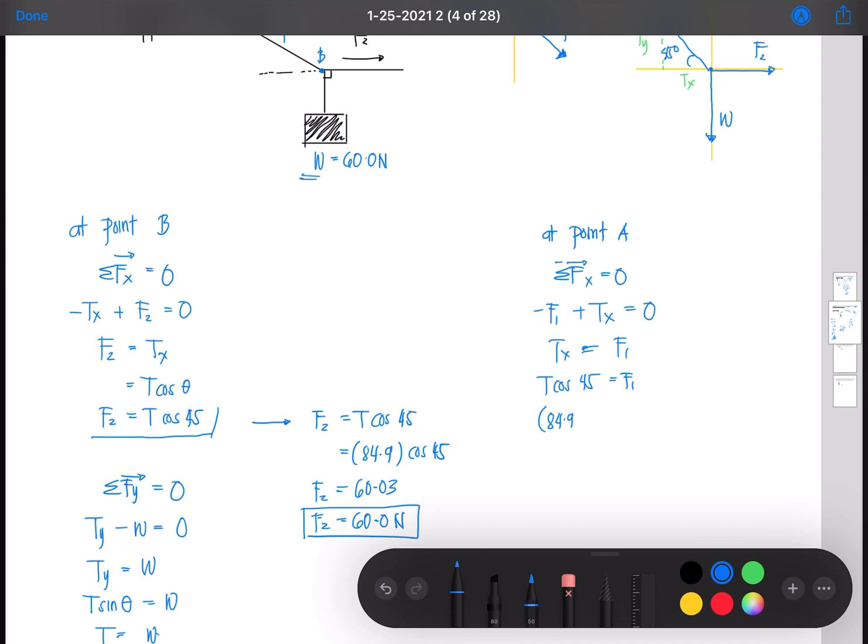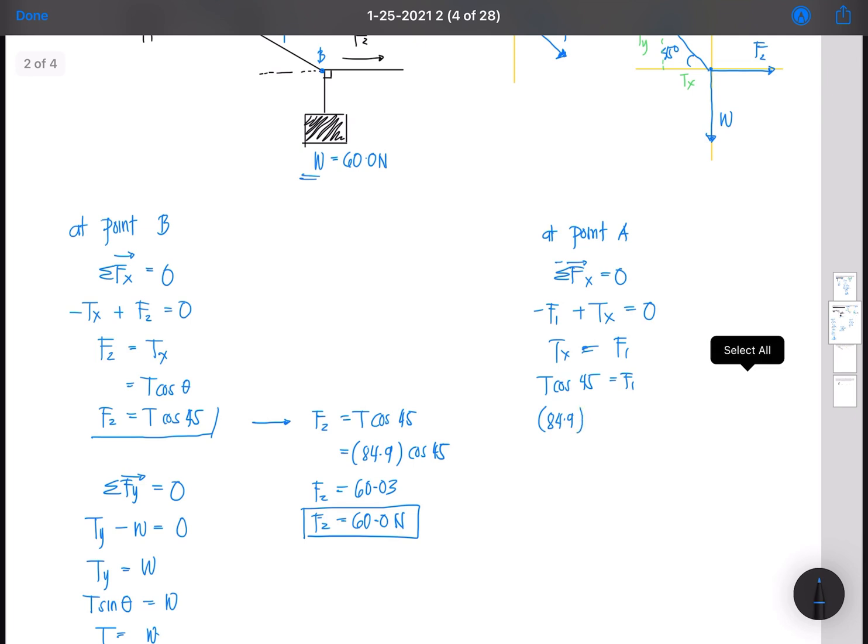But it is important that you write your units when writing your final answer. So 84.9 cosine 45 is equal to F1. The value of F1 is now equal to 60.03, or 60 newtons. So there, that is for the second problem.